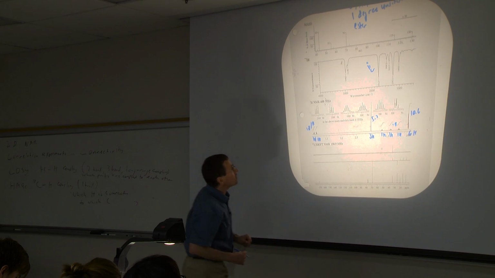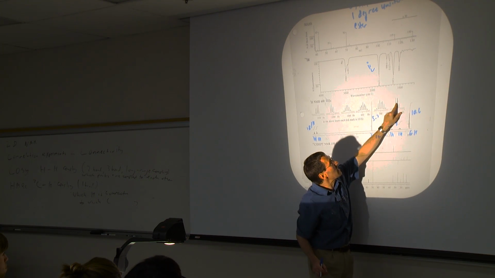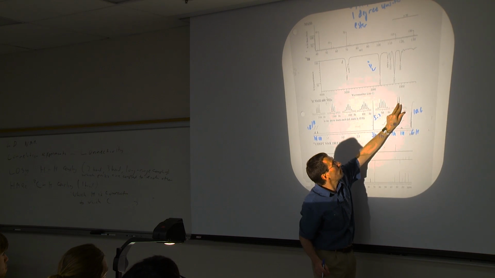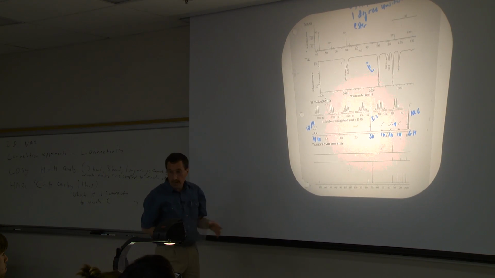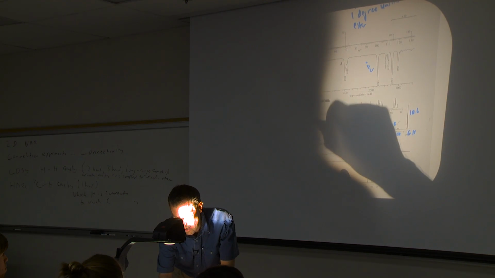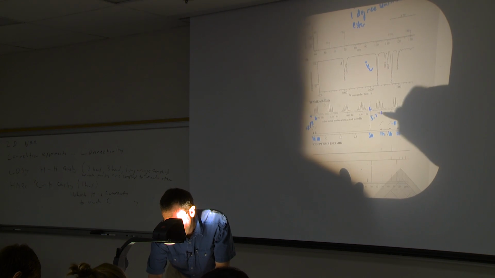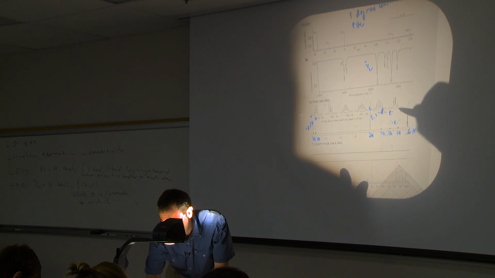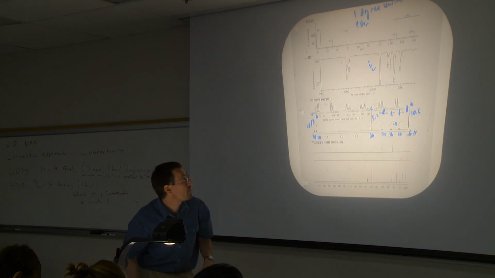If you look closely, you can see this peak over here is a doublet and a triplet that overlap on each other. So I'm going to letter my peaks here: A, B, C, D, E, F, G, and H for my proton peaks.